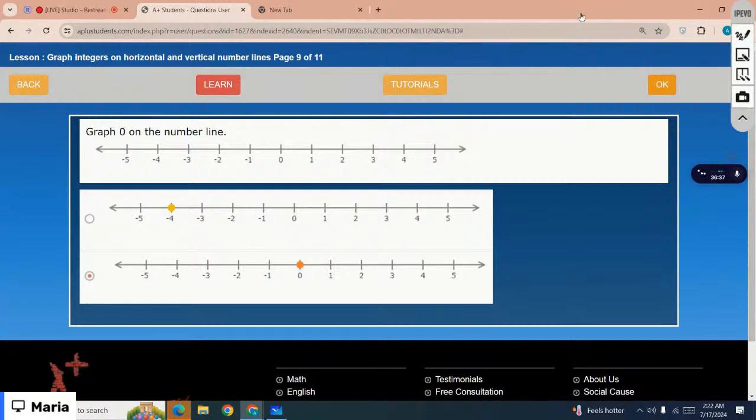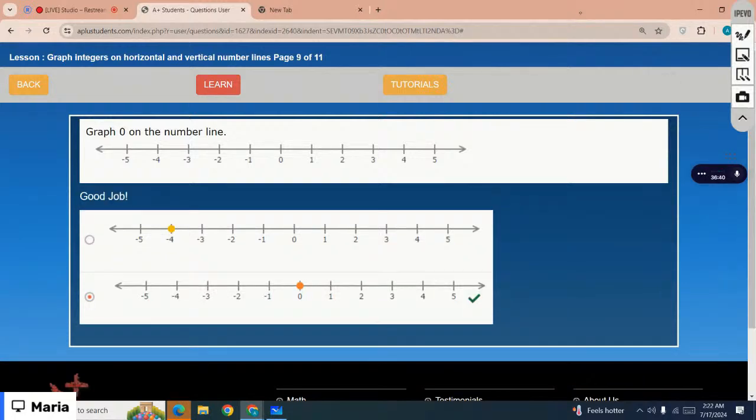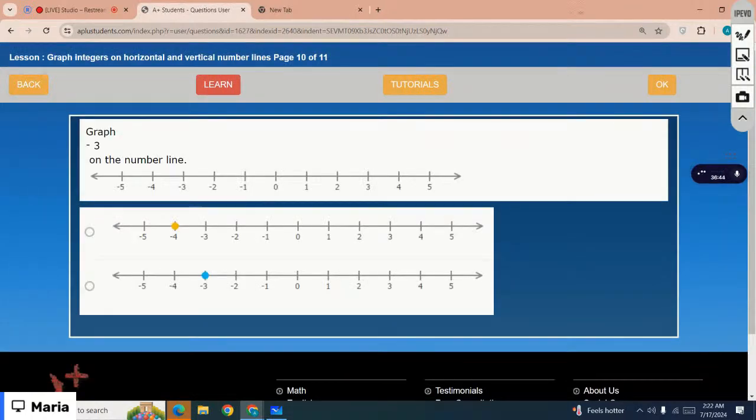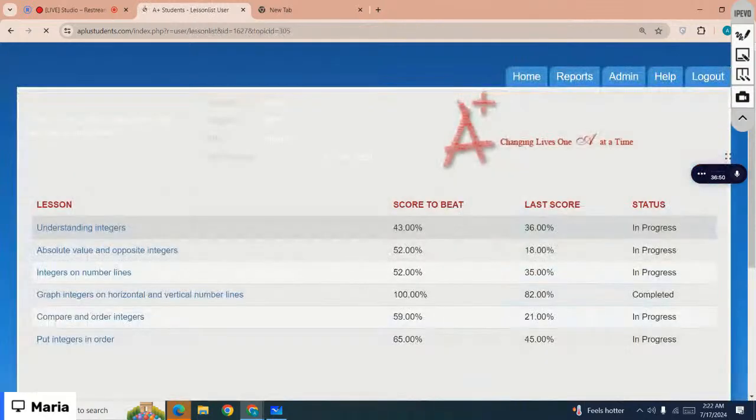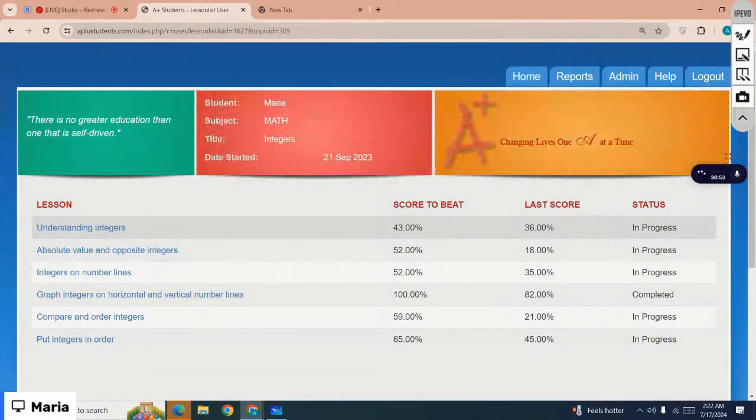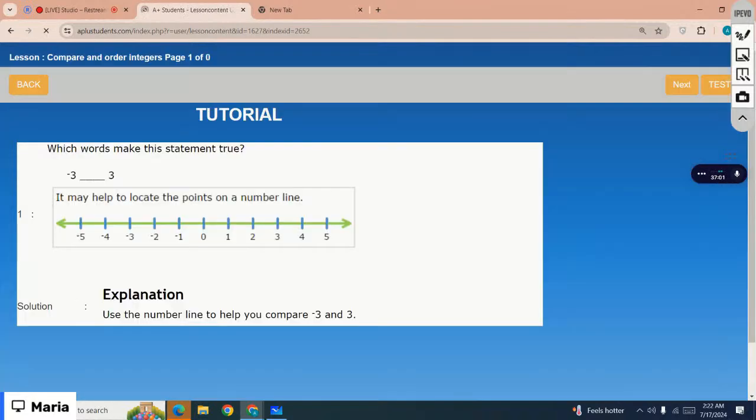Okay, you can complete the lesson by yourself later today. Let me just move on to the next lesson. The next one is compare and order integers. Let's just start with the next lesson.